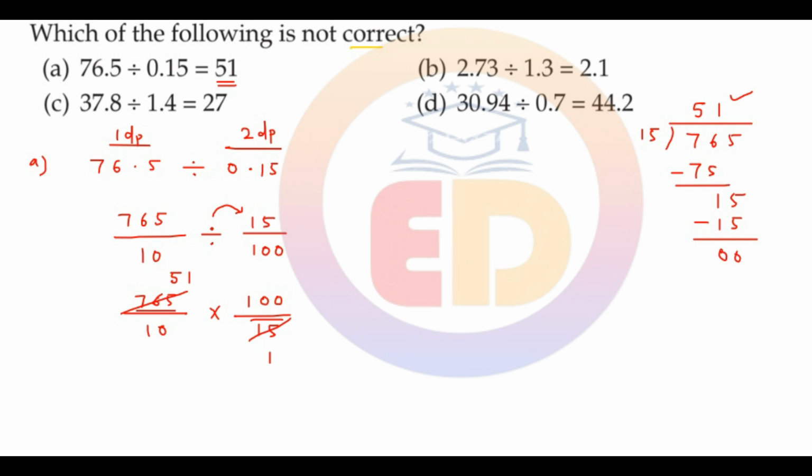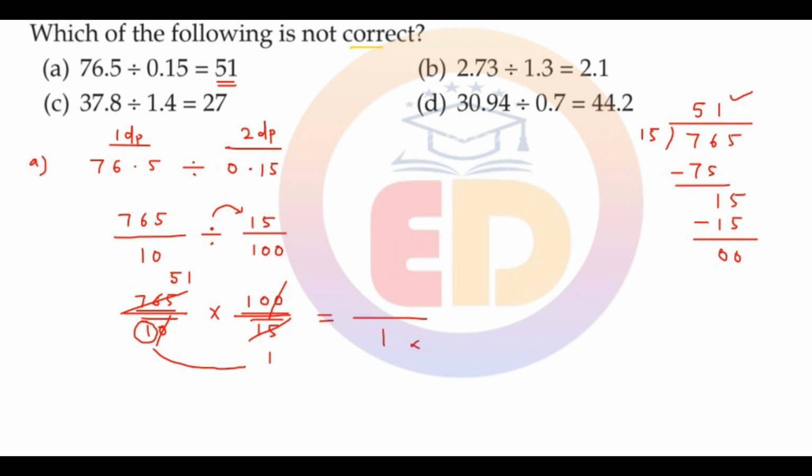Now we also have 100 in the numerator, 10 in the denominator. We can cancel the 0 of 100 and 0 of 10. So now in the denominator I am left with 1. 1 into 1, my denominator will be 1, which can be ignored.